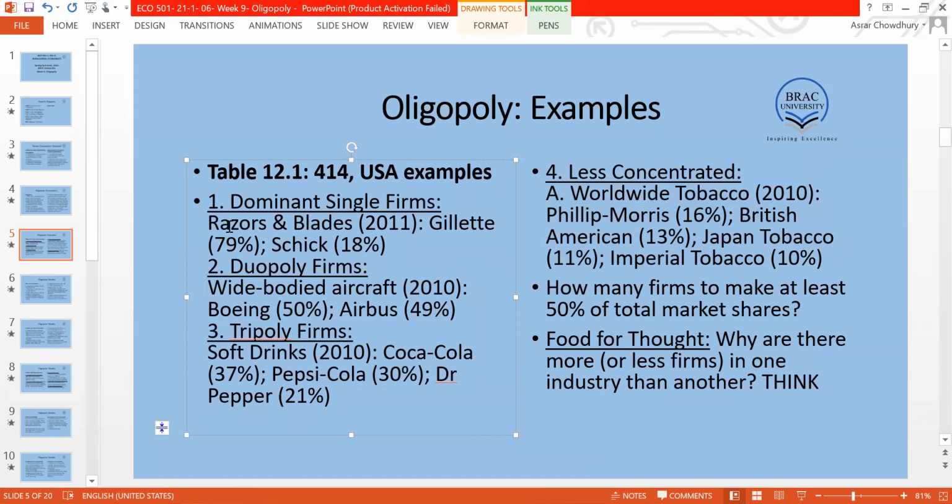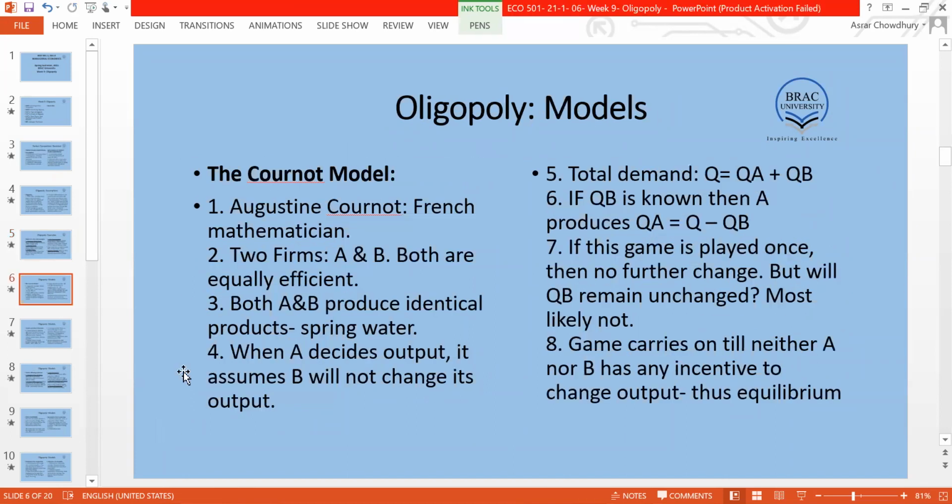Why is it that in the razor blade market we have a single large producer, Gillette? In the duopoly markets, we have 2. Tripoly, here there are 3. Another thing is worldwide tobacco. This is what we are going to think, and you will have to think as well.